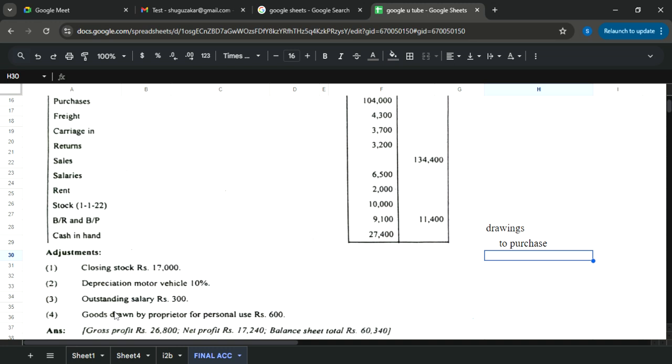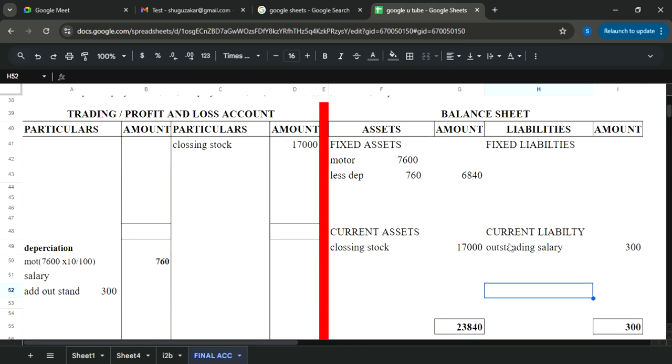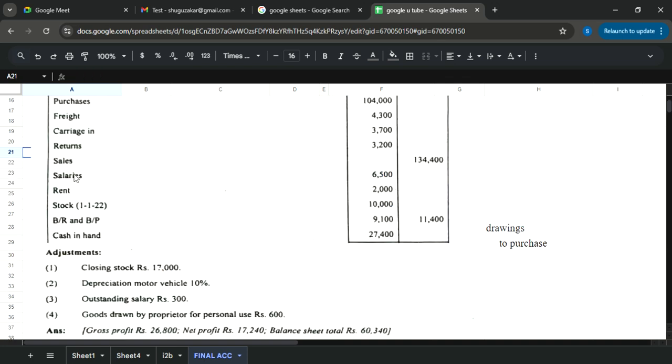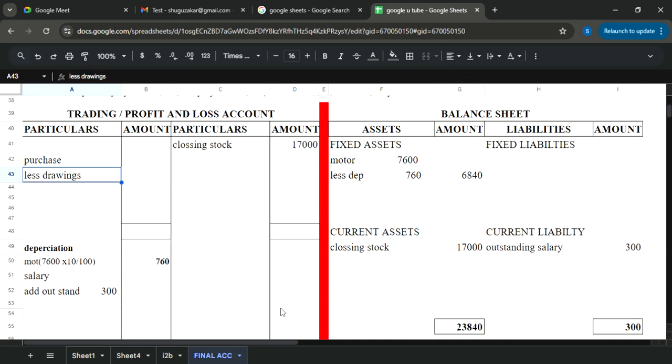You will be having its effect. Purchase usually we write on the debit side, and here purchase is written on the credit side. It means purchase is decreasing. So you will come over here, write purchase less drawings. Now we will see how much the amount of drawings was, 600, so you will write 600 over here.